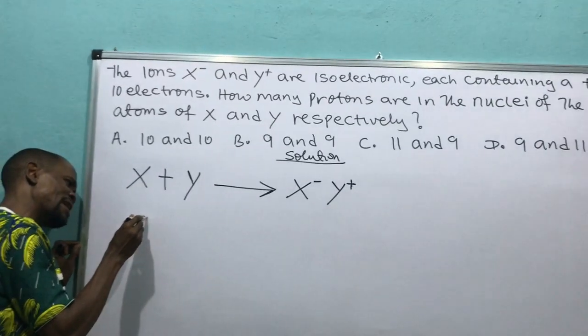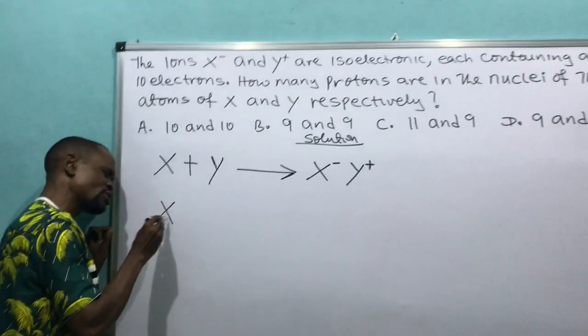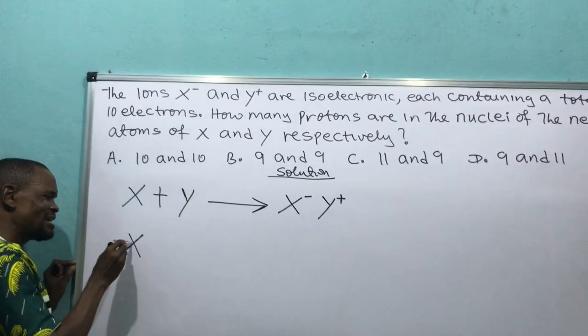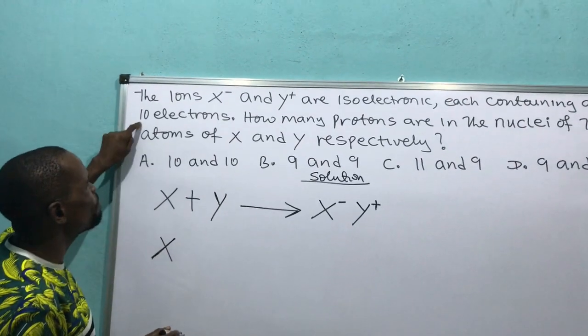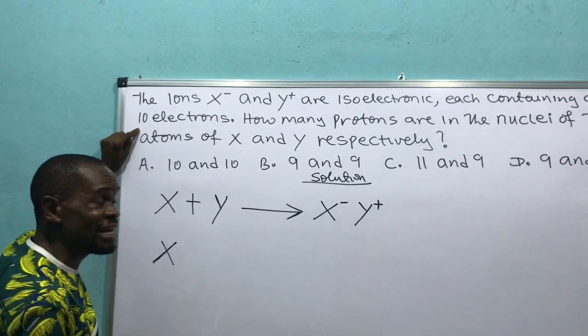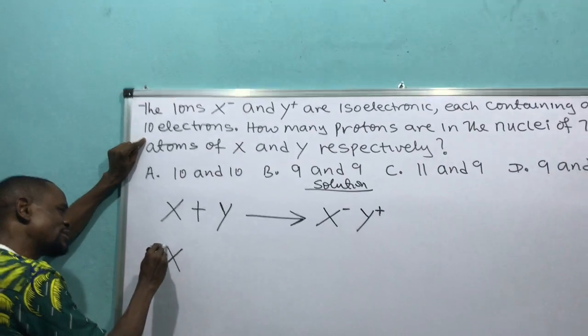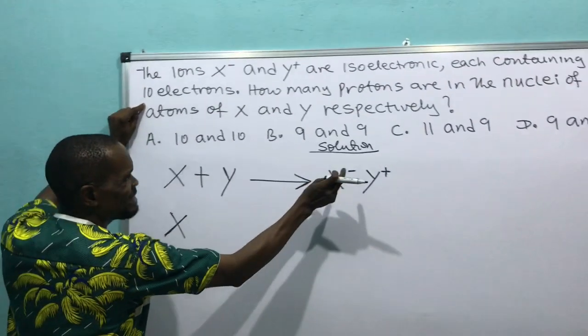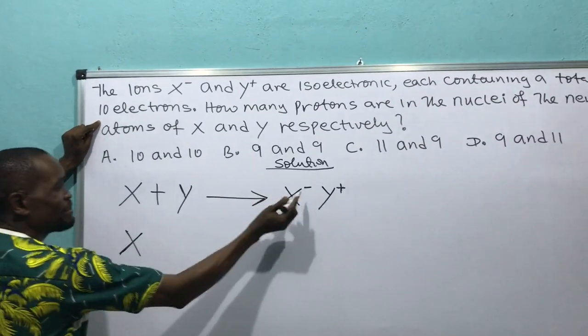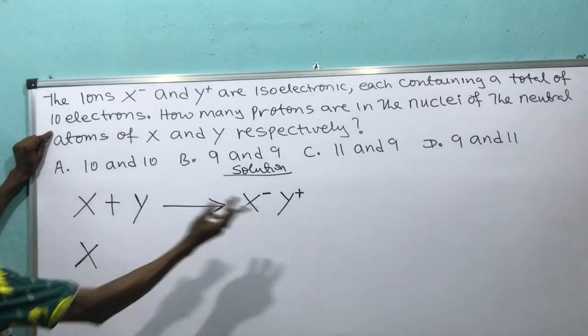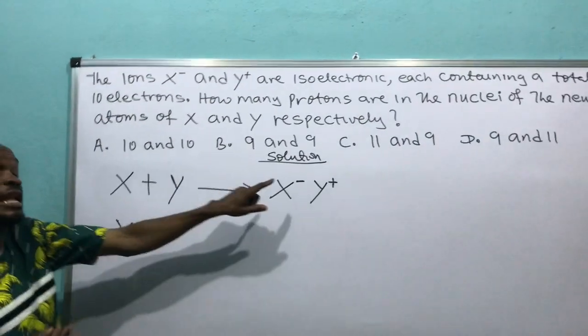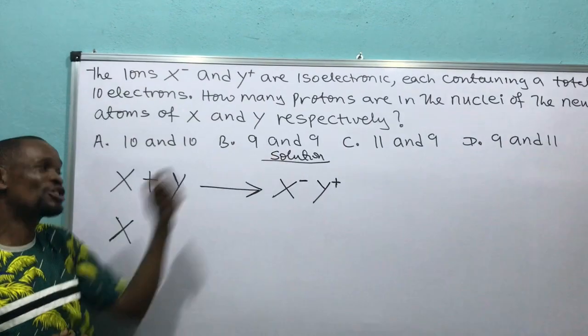For them to have 10 electrons after the reaction, this one which accepted the electron, look at the minus, has an electron in excess. Minus means electron in excess.